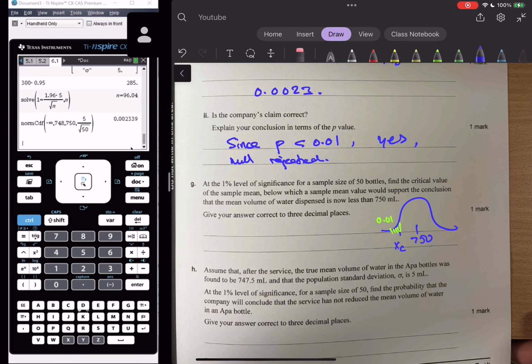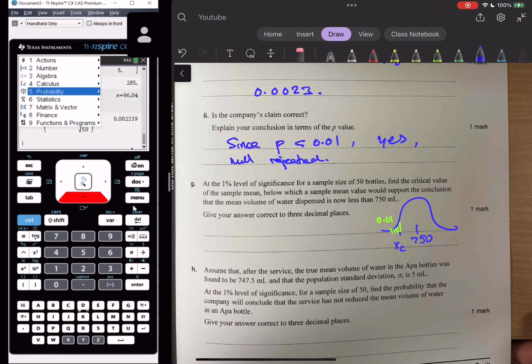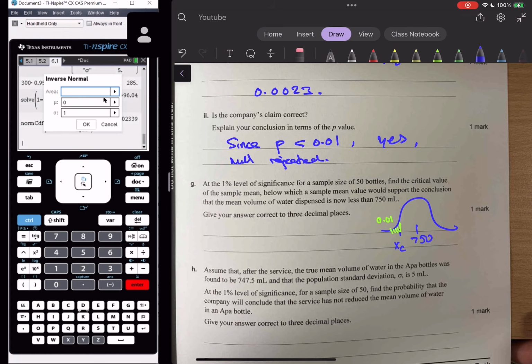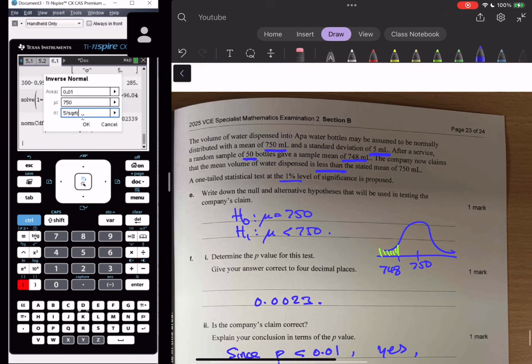So this is just going to be inverse normal. So let's go to probability, distributions, inverse normal. And the area, we want this to be 0.01. The mean is 750. Standard deviation, that was 5 on square root of 50, right? It was 5 and 50.